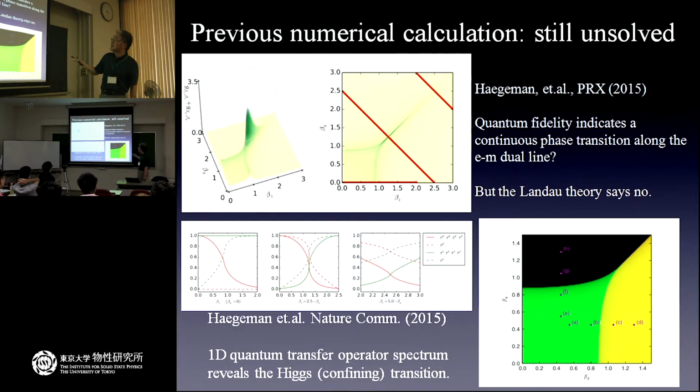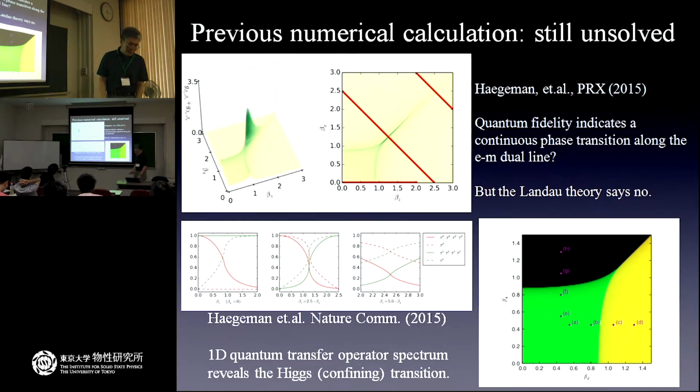From the Landau theory, there should be no phase transition at all. But here, the numerical calculation clearly indicates there is a continuous phase transition. But what the nature of this continuous phase transition is, they don't know. From the numerical point of view, they cannot determine the nature of the phase transition.